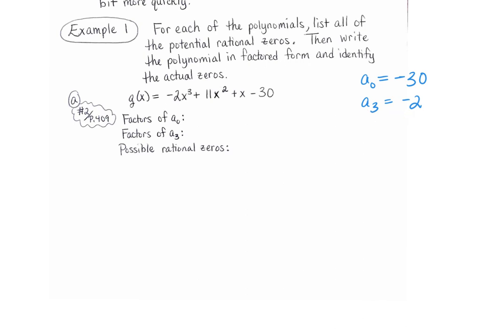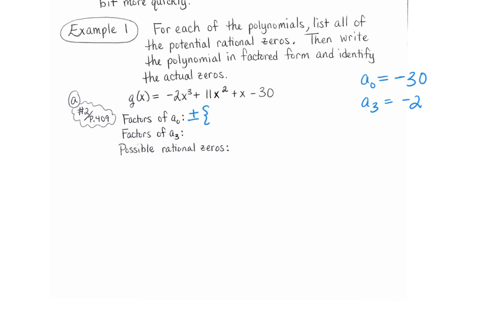So now we have to determine our factors, okay? Now your factors are the numbers that divide into 30, or that negative 30 is divisible by, okay? So you automatically have plus or minus. Then we go through the list, right?